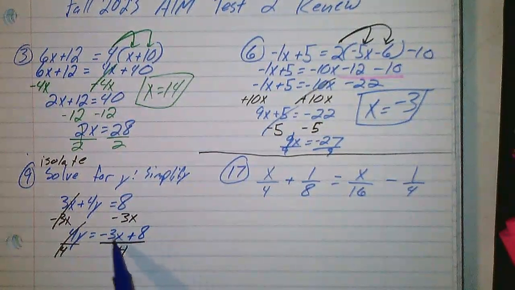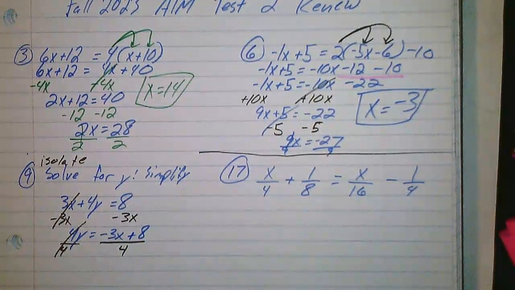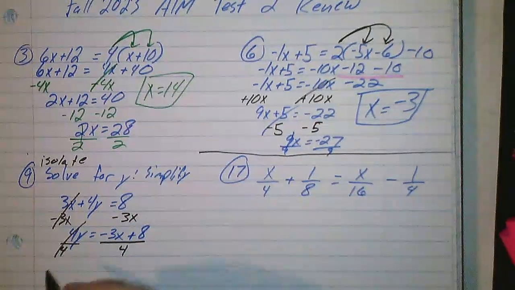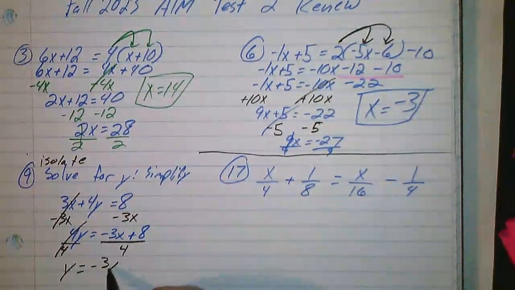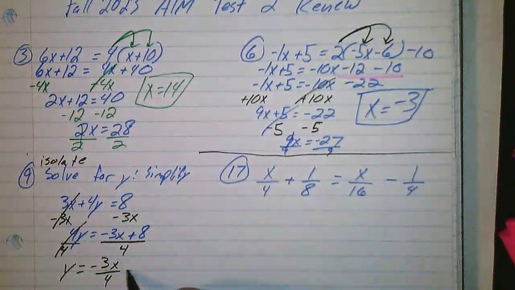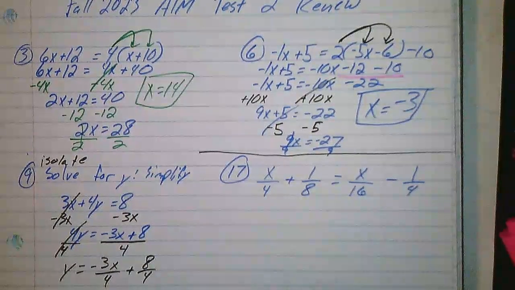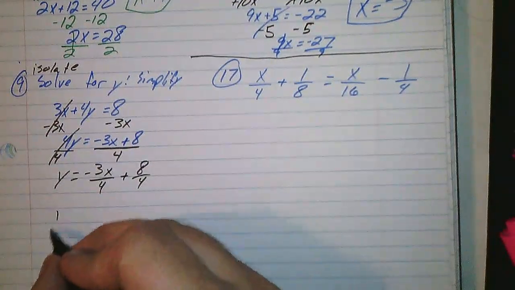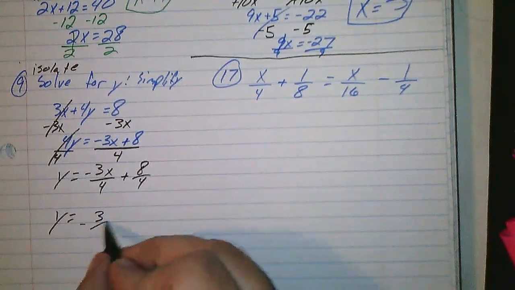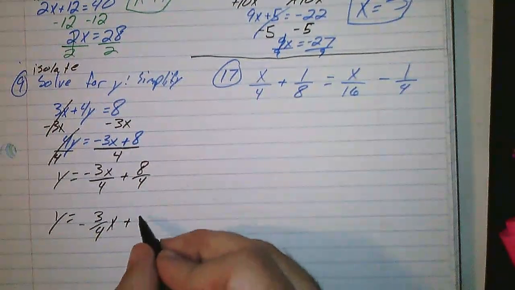And again, it's both terms in the numerator that are being divided by 4. And you do have to do this sometimes when you use the quadratic equation. You have to break up your fraction. So let's simplify this. Y equals negative 3/4 x plus 2.